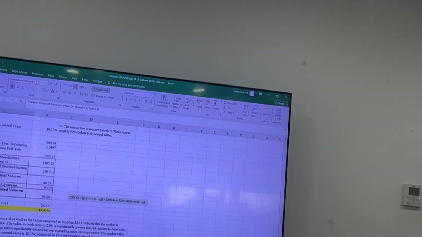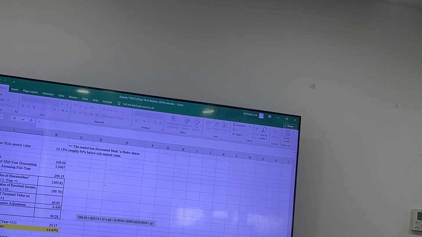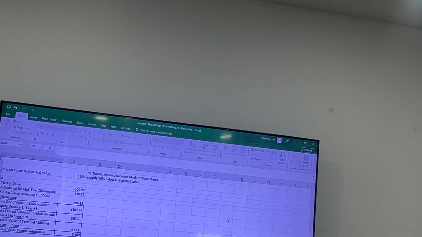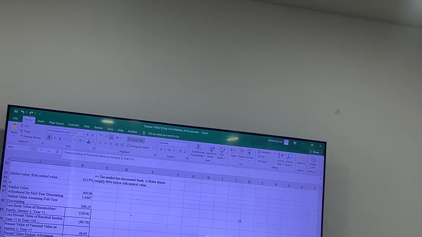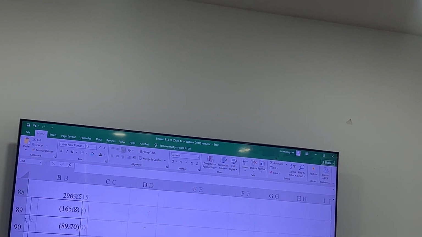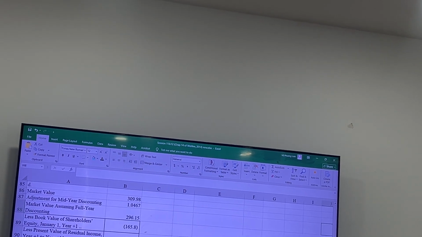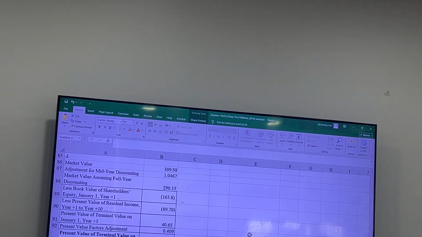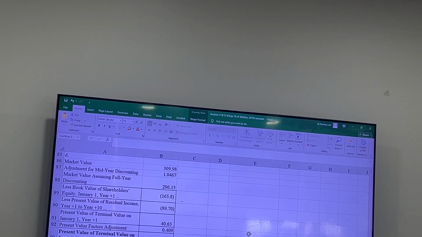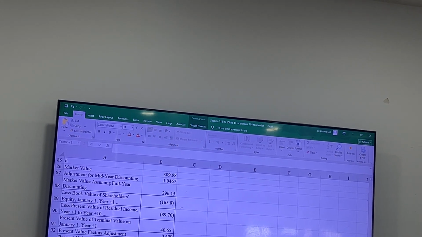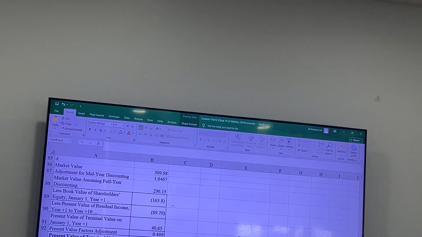Can you see this? Let me zoom in, please. So this is exactly the formula for us to find the growth, right? This is the present value of the terminal value at the end of the planning period, which is year plus 11. Now it's equal to what? The residual income.